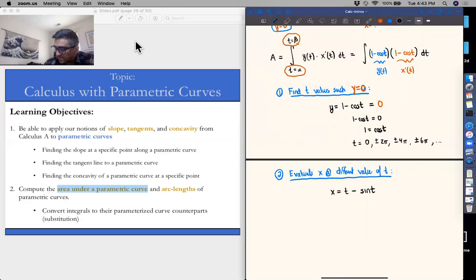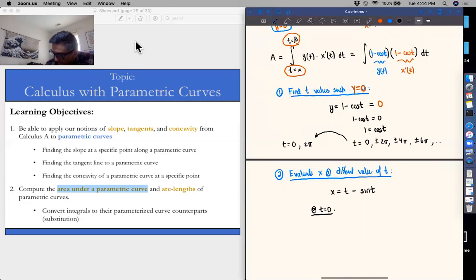So what I mean by this is we could use values like t equals 0, and then the next t value after that would be t equals 2 pi, and after that would be t equals 4 pi, 6 pi, and so on. We're basically looking for these t values that land us at y equals 0 in a row. So what happens at t equals 0?